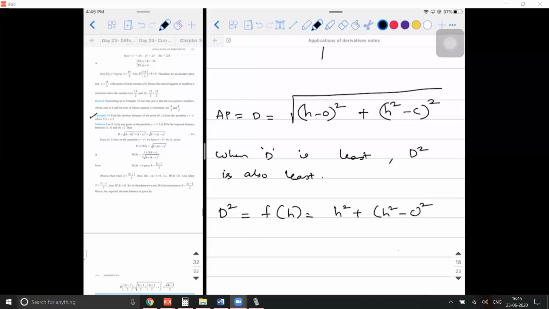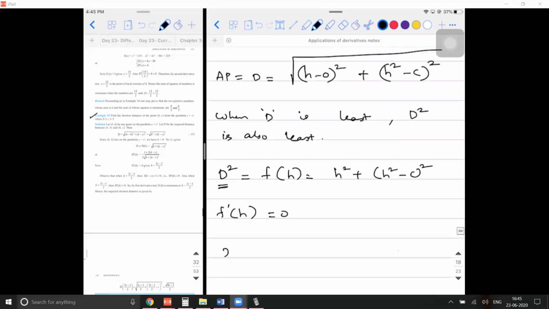Okay. So for distance square to be least, what is the condition? F dash of h should be equal to 0. So I'm going to differentiate it. 2h plus 2 into h square minus c into 2h is equal to 0. I hope it is clear.